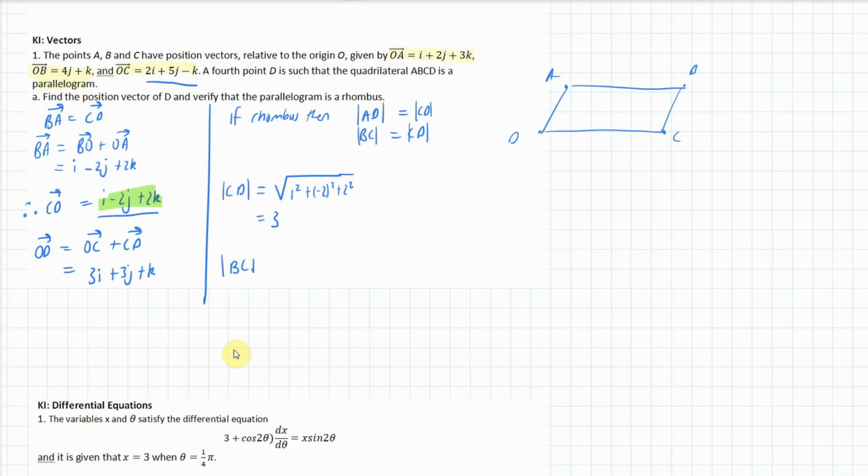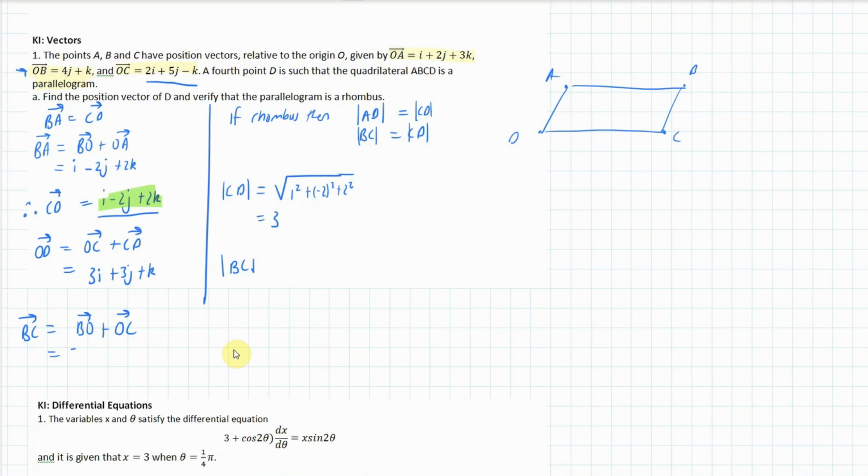Okay, BC. Now I have to find out what BC is first. So I'll do that here. BC is equal to B to O plus O to C. So C take away B. B to O, O to C. So that would be, where's O to C? Okay, so we're looking at up here.